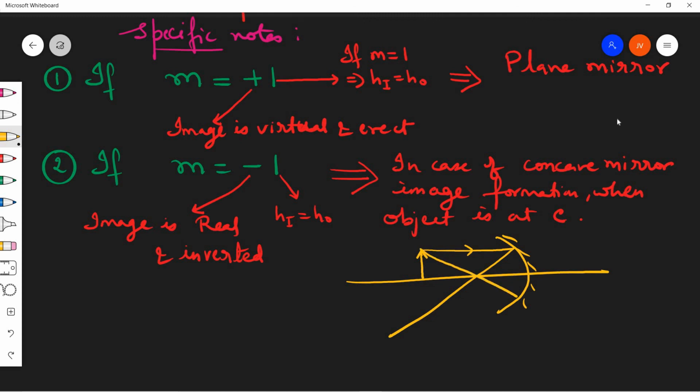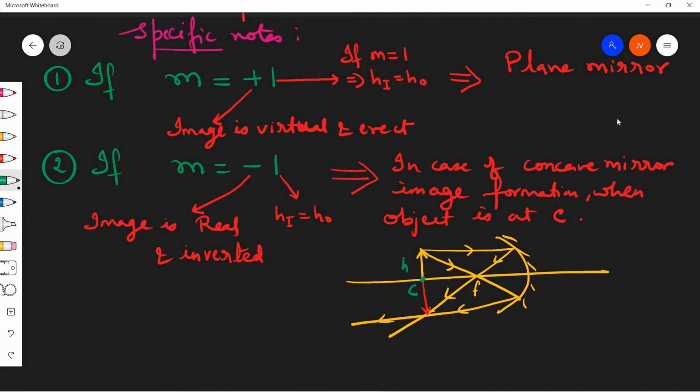So this is a ray diagram. A parallel beam of light ray after reflection passes through principal focus, and if a ray is passing through principal focus, then after reflection it goes parallel to principal axis. So these are the two reflected light rays, and where the reflected light rays intersect, there the image forms. So image forms here. And this is the location of object.